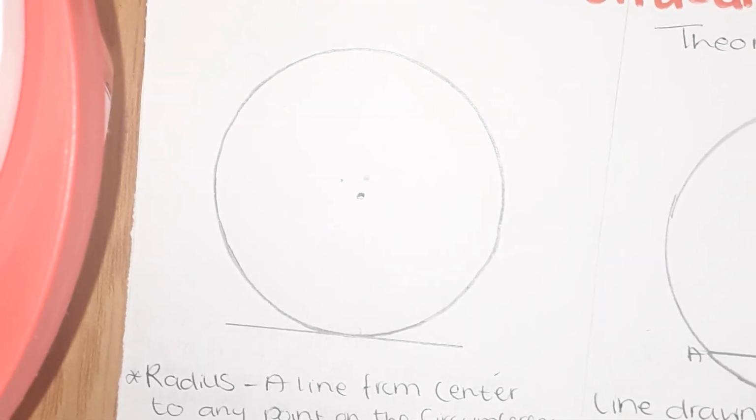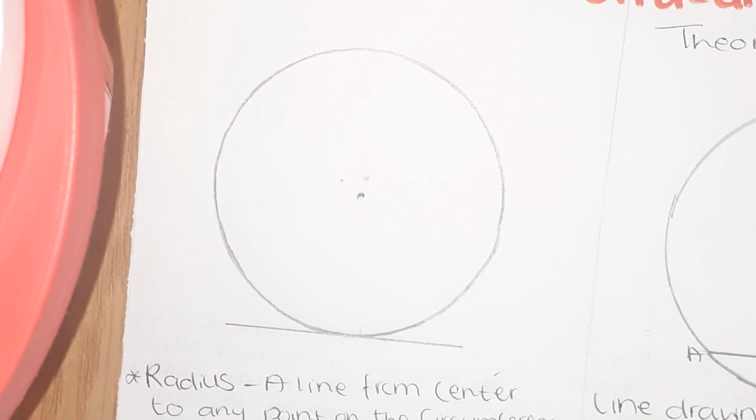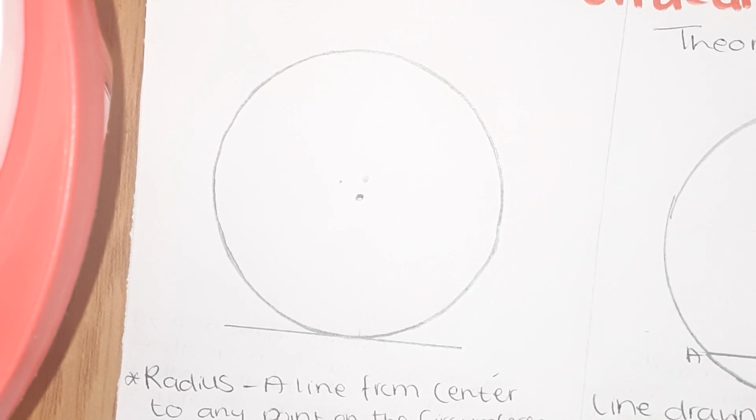So today I'll be doing Euclidean geometry for grade 11. This is circle geometry, both for grade 11 and grade 12. This information is very important for you to know so that we can ace those exams and get the best mark, because it has a lot of marks.